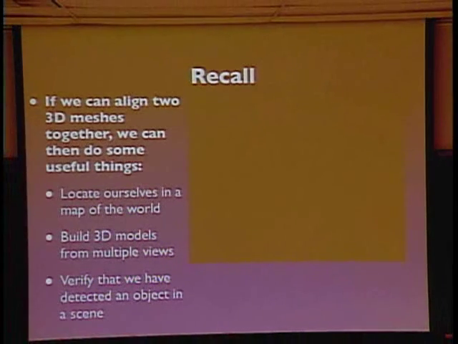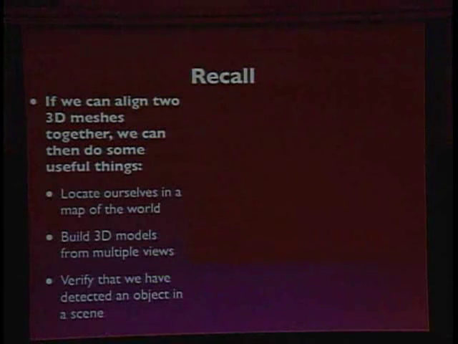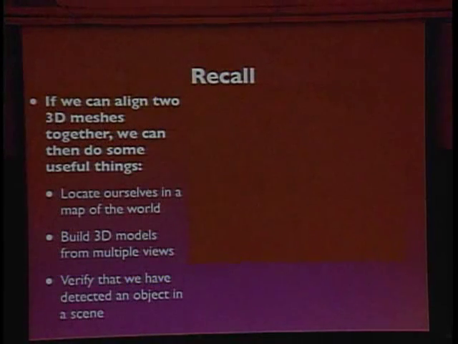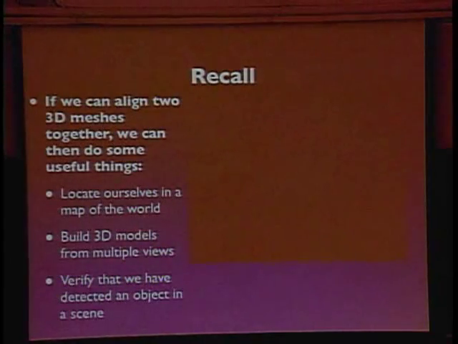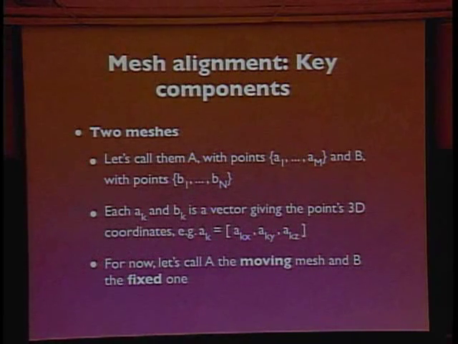All of these applications are driven by mesh-to-mesh alignment, surface-to-surface alignment. Intuitively, you all know what that means. It means to take one surface that's been taken from one point of view, and another surface taken from another point of view, and rotate and translate the one so that it lines up well onto the other.